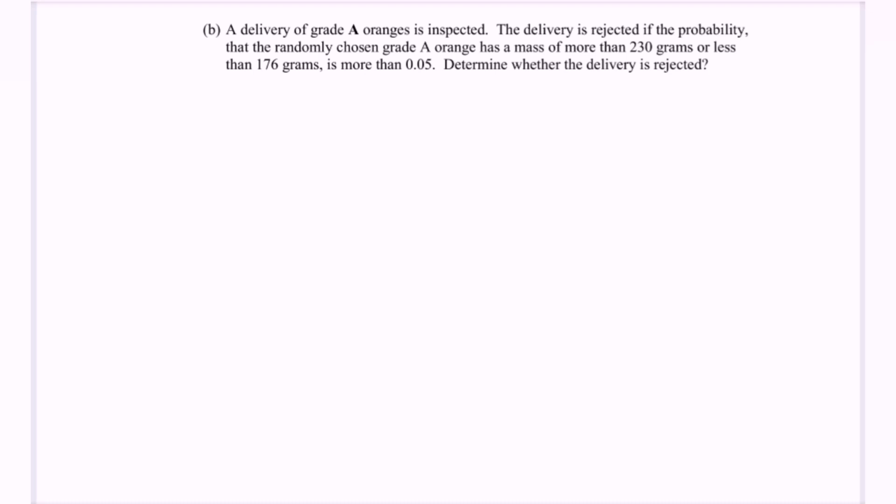So first, what we have to do is to state the title, where we have mean 200 and standard deviation 12, squared for the variance. So the question is probability that X greater than 230 gram or probability that X less than 176 gram. So what we have to do is to find the probability for these two cases.